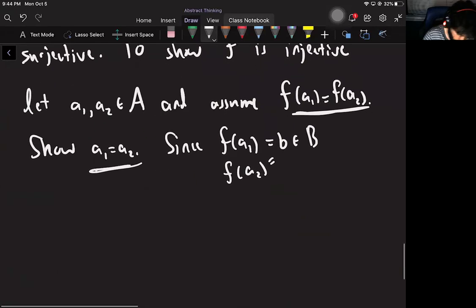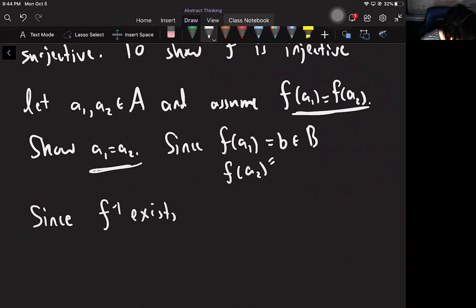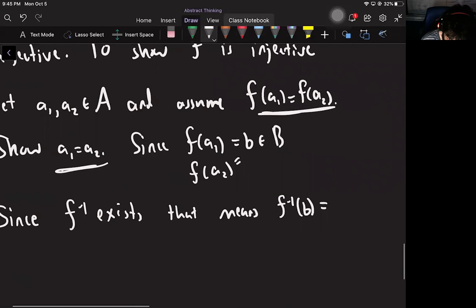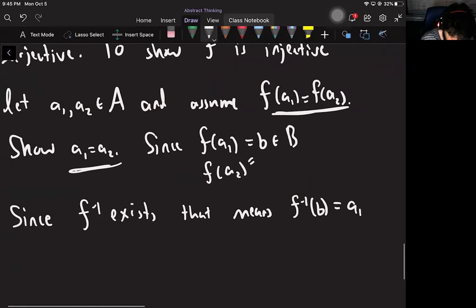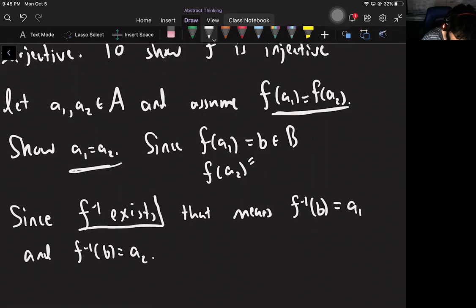So since f inverse exists, that means that f inverse of b has to be a1, and f inverse of b has to be a2. But f inverse exists, and I should also mention, by it existing, I'm implying that it's already a function.